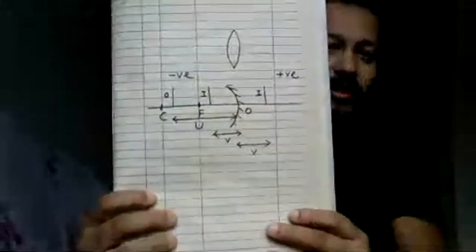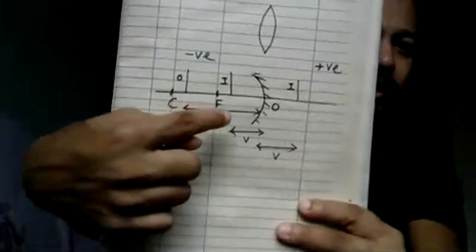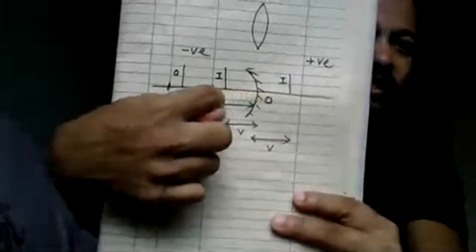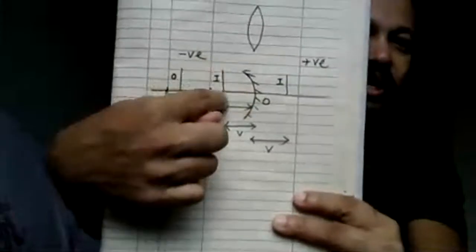Yes, this is called real image. So when the image distance is negative, then the image is a real image. I repeat, when the image distance is negative, it's a real image.